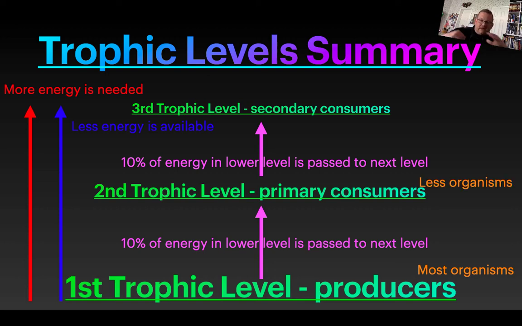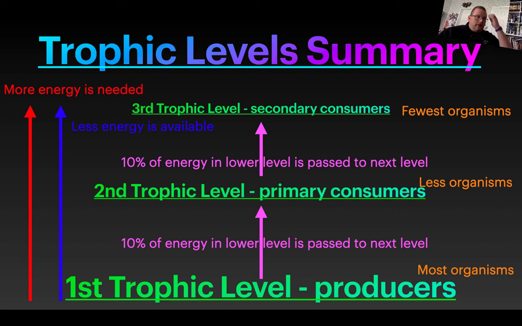The second trophic level, the primary consumers, is going to have fewer organisms than the first level. The third trophic level is going to have even fewer organisms than the second and first levels. So as the energy needed goes up, the amount of energy available goes down, and the number of organisms goes down.